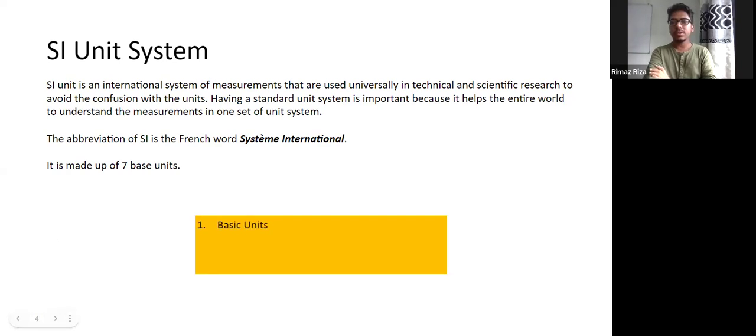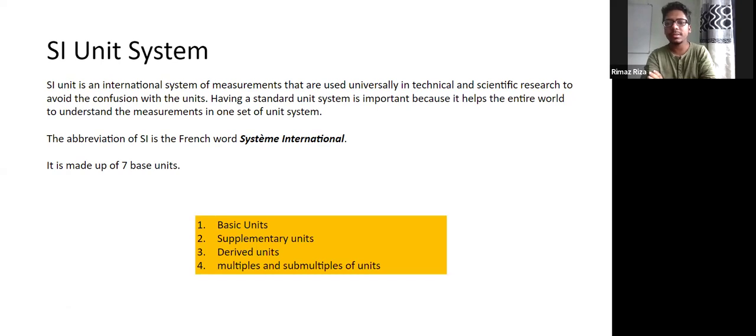Base units are also known as basic units or fundamental units, and then we discussed supplementary units and derived units. And then we will be discussing multiples and submultiples. So derived units and multiples and submultiples we will be discussing today.